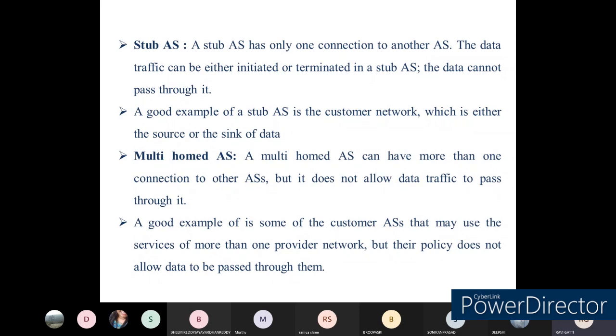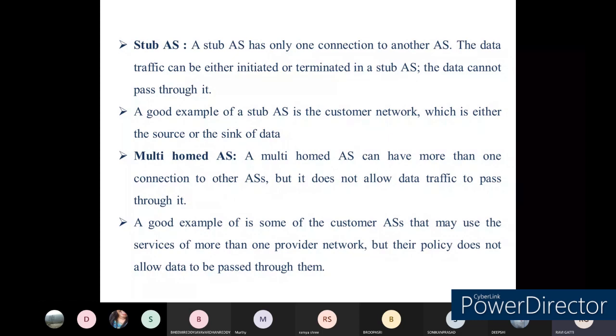The use of the multi-homed autonomous system is when we want to do debugging of the network, or handle security issues of the network in the internet service provider. The stub AES and multi-homed autonomous system play an important role in debugging operations if any failure occurs in the network.